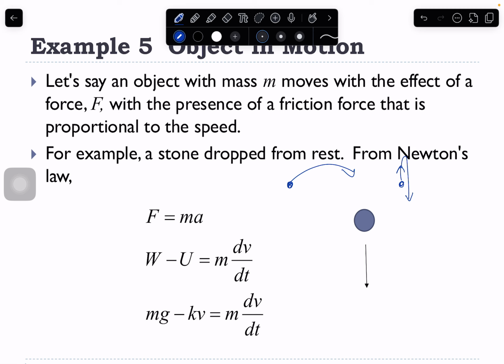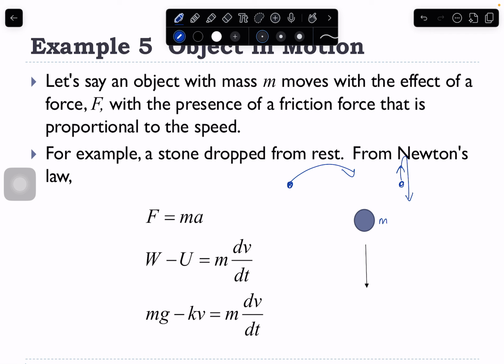Okay, let's say we have an object with mass m. So this stone with mass m moves with the effect of a force, because you throw it. Okay, so we have a stone being thrown upwards, and then it goes downward.